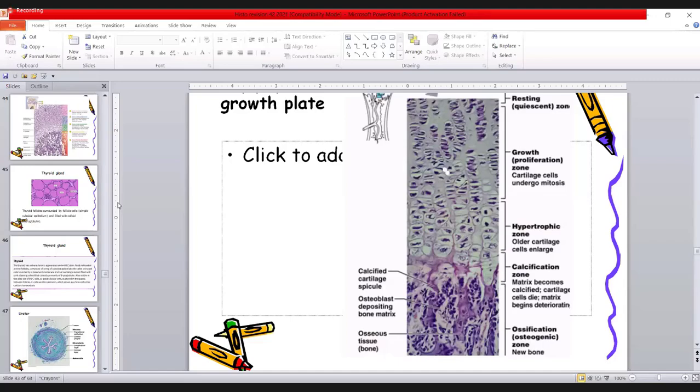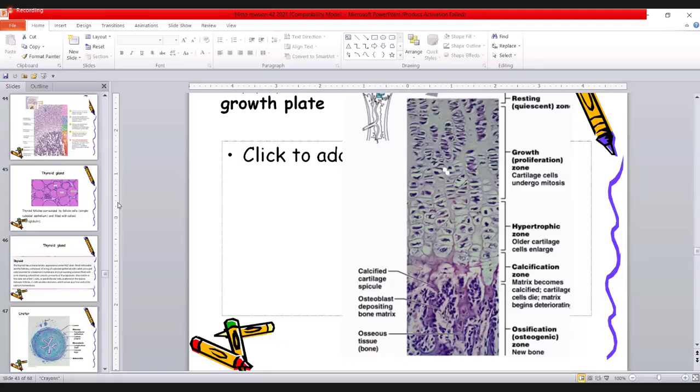Why are they called C cells? It secretes calcium. The parafollicular cells can be within the space between the follicles, or else they can be along the lining of the follicle. Yes. Why are they called C cells?